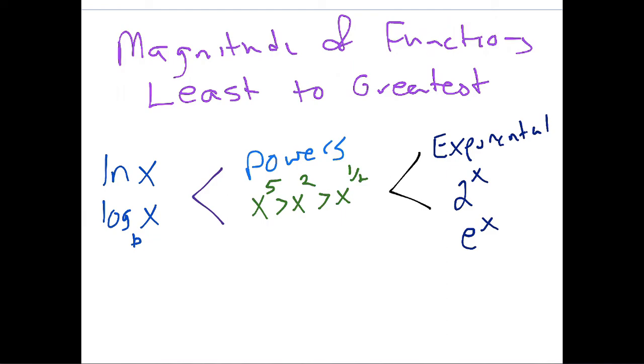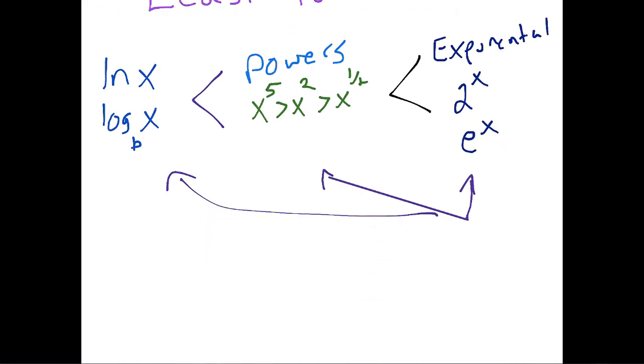So the things that grow the fastest are these right here; they grow faster than these or these. The exponentials grow fastest. That will help on some of the problems when you're thinking about which grows faster.